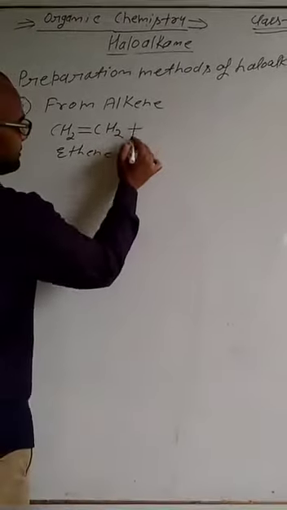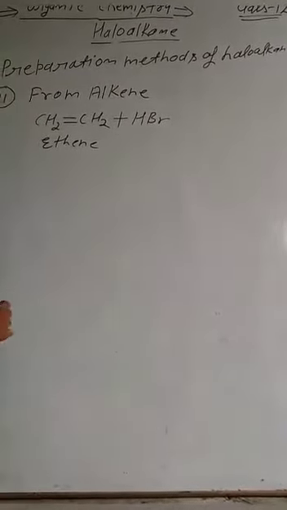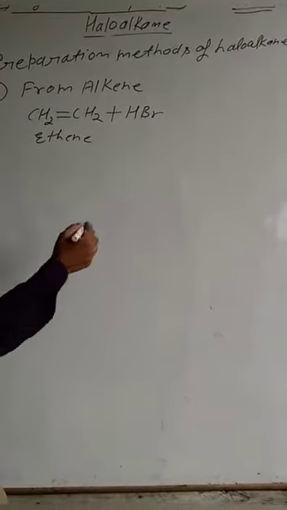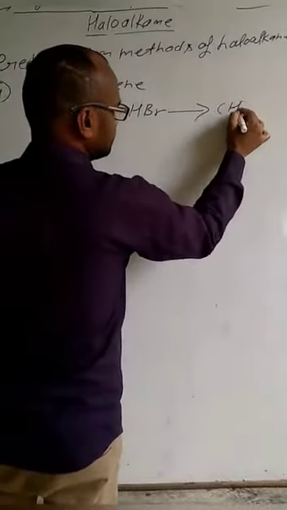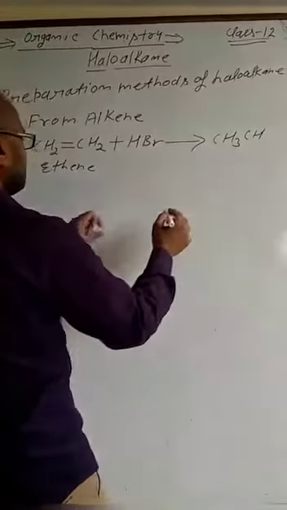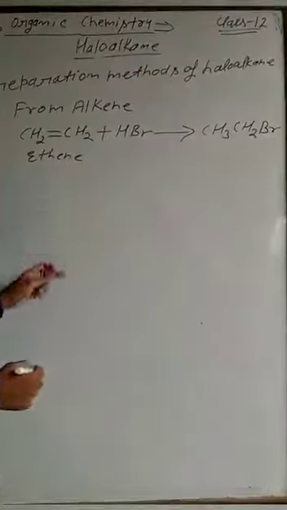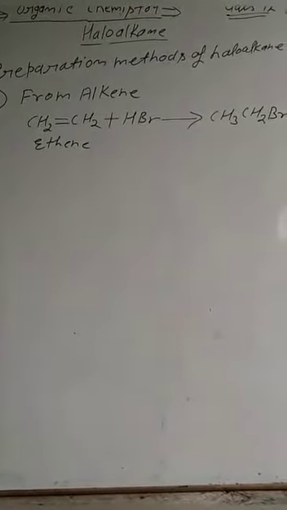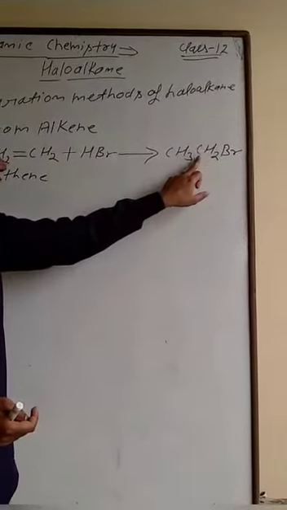When ethene reacts with hydrogen halide, it gives ethyl bromide, and the IUPAC name is bromoethane.